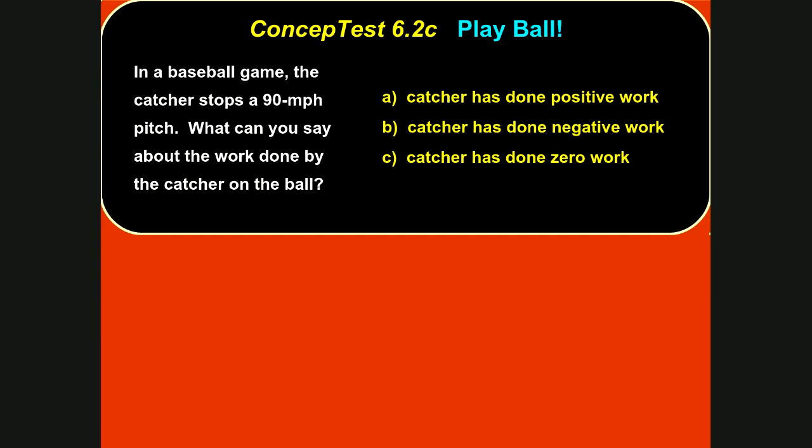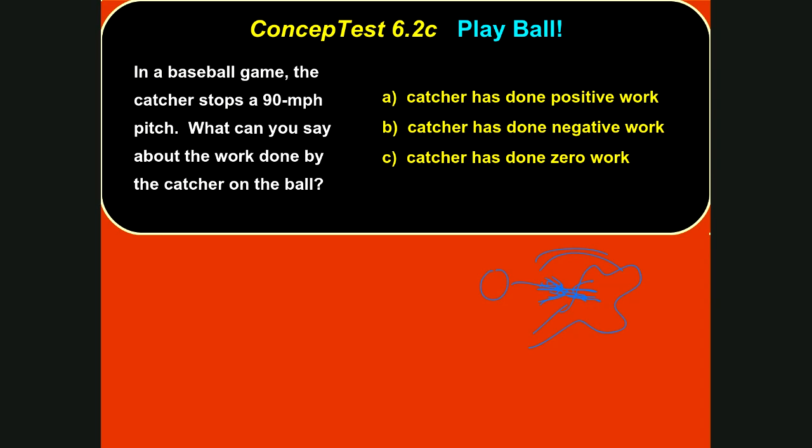What is the work done by the catcher on the ball? So the ball is striking the catcher, and what will happen to the displacement part of this? We did a problem in the problem section. When the ball strikes the glove, what happens? So what kind of work is done by the catcher?